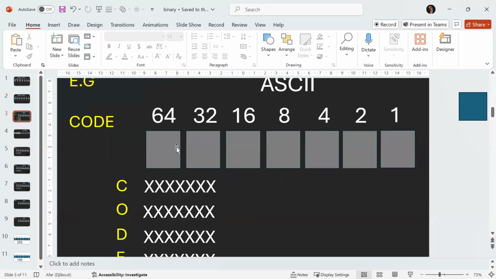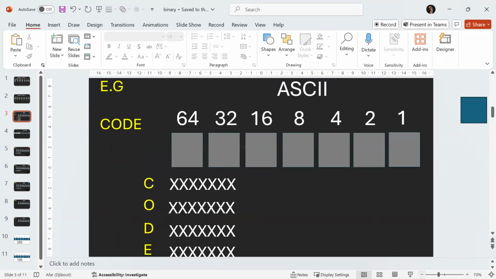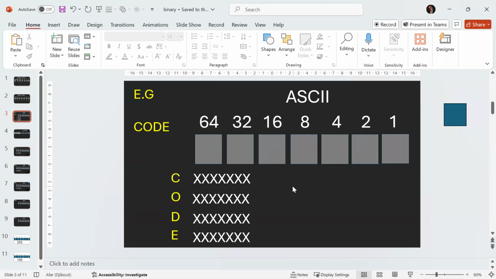Now, assuming we are using ASCII and we want to spell the word code. This is where we left off last week, right? The first thing we need to do is that C is a character, and that character is not understood at the machine language level.